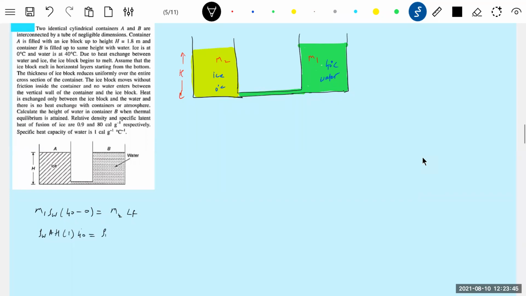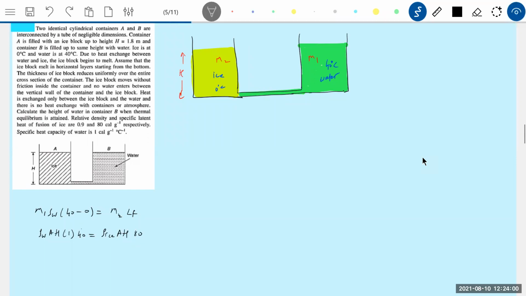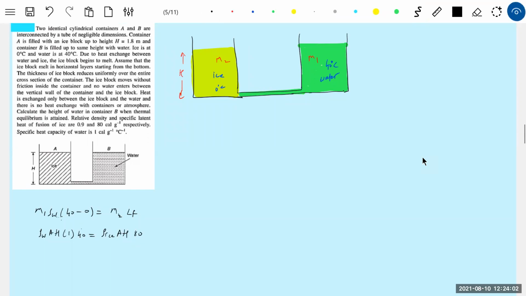M2 should be equal to density of ice AH into 80. Okay, I think it's not equal, no? You can see this. What all heat is available here is not equal. I'm just using some simple basics here.